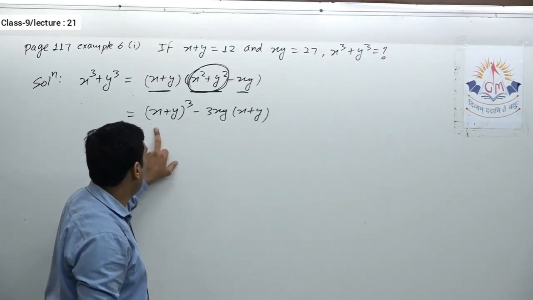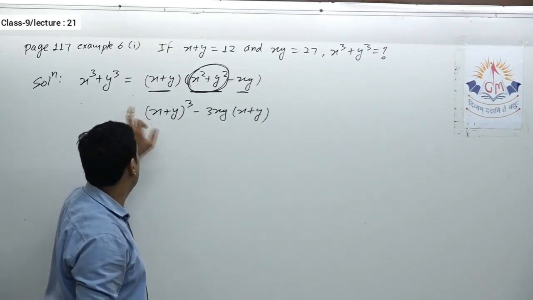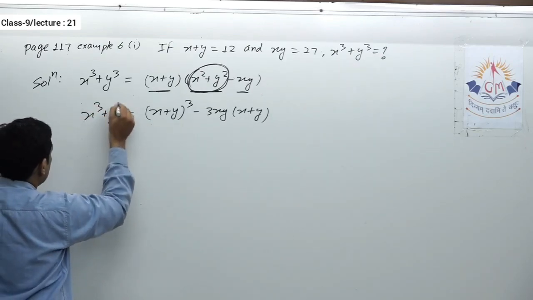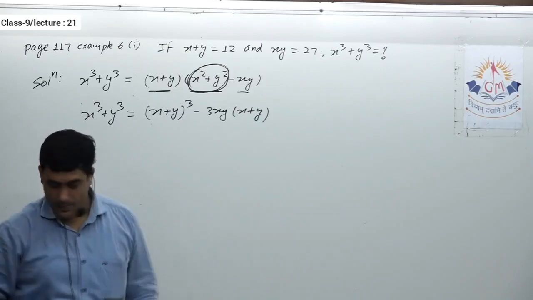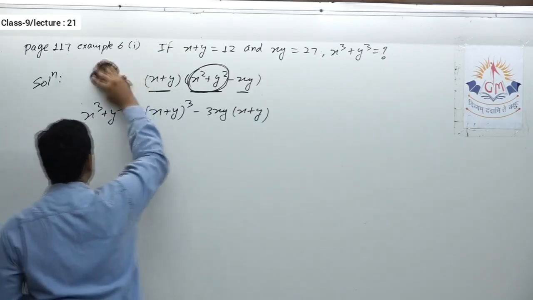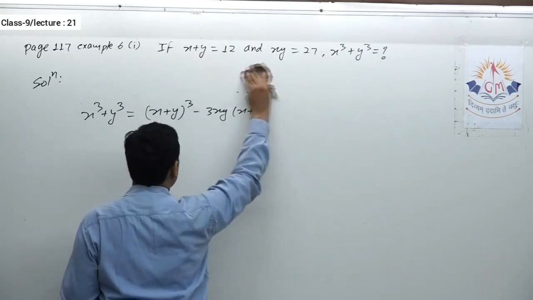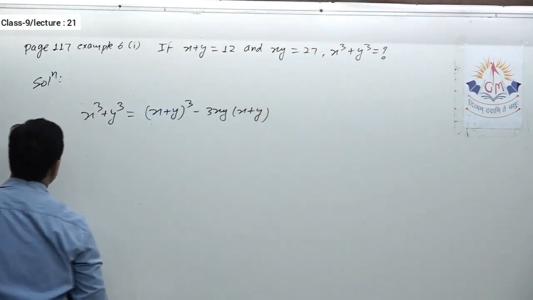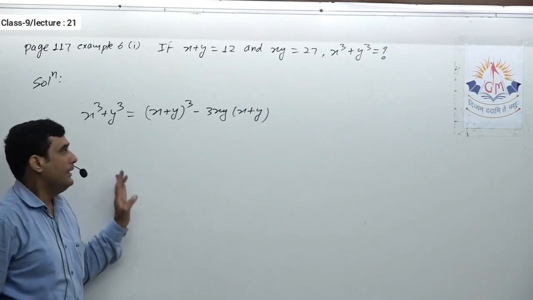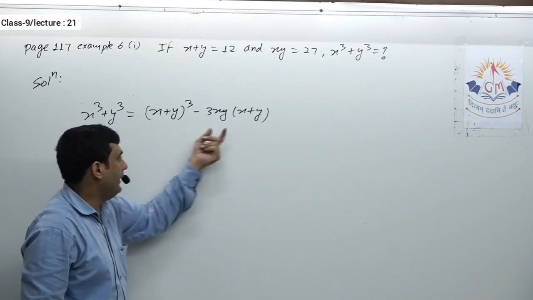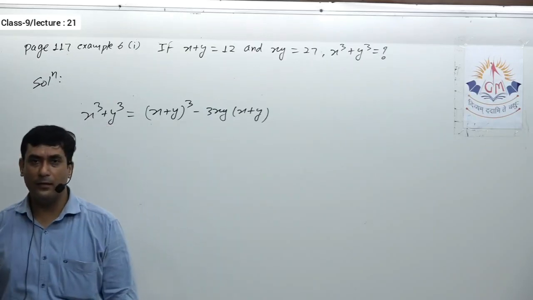So I will go with this identity. Let us remove this. Now I am giving you 1 minute. Think over how you will find this value, and then I will give you the solution. It's not difficult, simply you have to put the values of x plus y and xy to get the final answer.